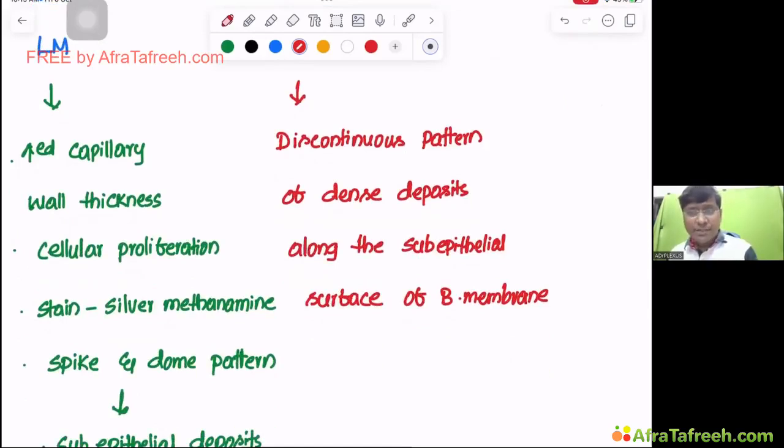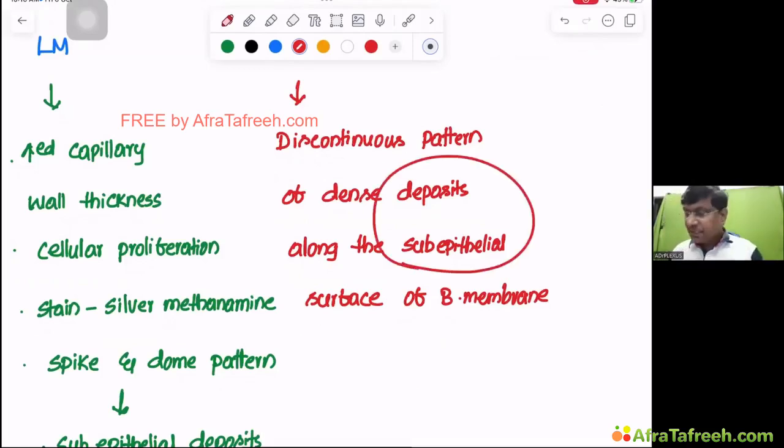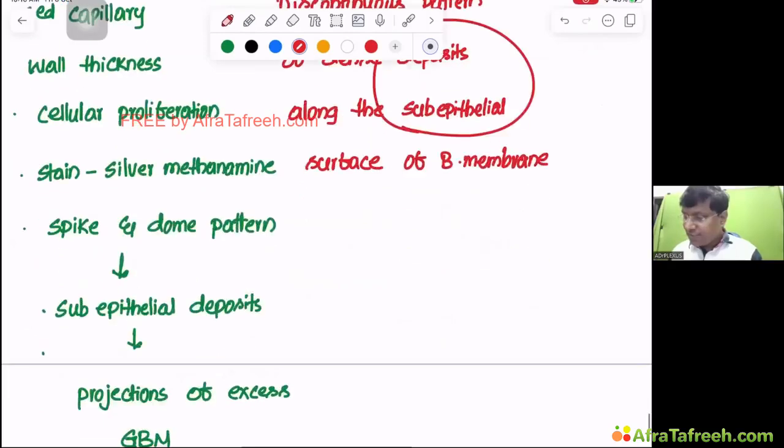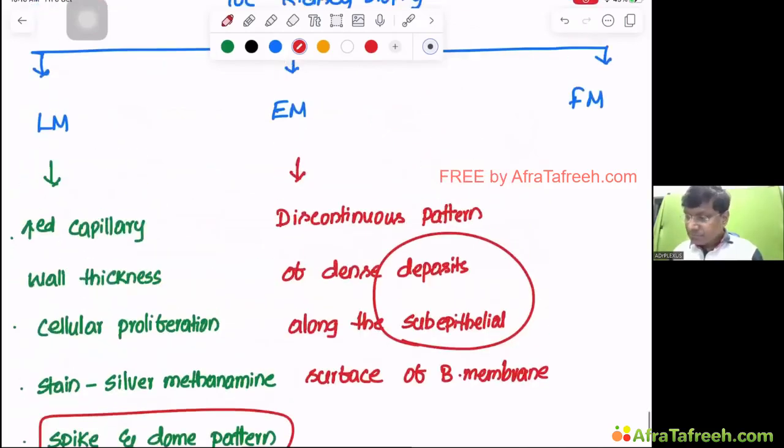Electron microscopy characteristic findings: you will be able to visualize the subepithelial deposits. Whereas in light microscopy, you will have only that spike and dome pattern. Why are you getting that spike and dome pattern? That is because of subepithelial deposits, and these subepithelial deposits are observed under the electron microscopy.